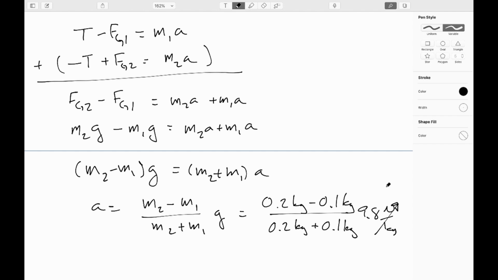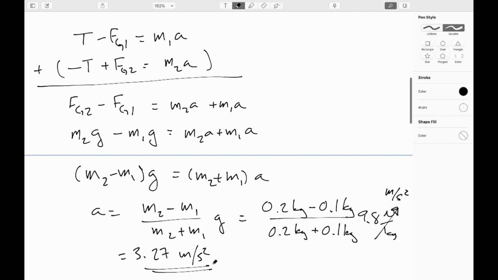And we can note that since we're going for an acceleration here, a newton per kilogram is dimensionally the same thing as an acceleration. So what we get is 1/3 G, which is 3.27 meters per second squared.